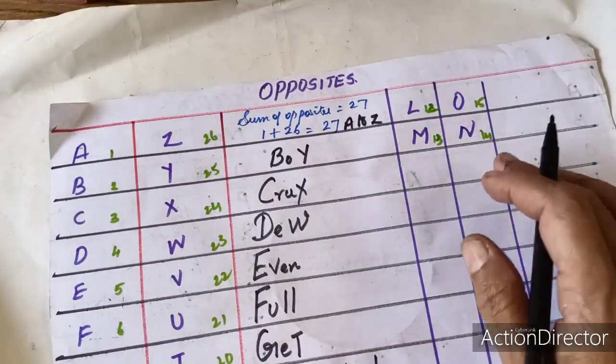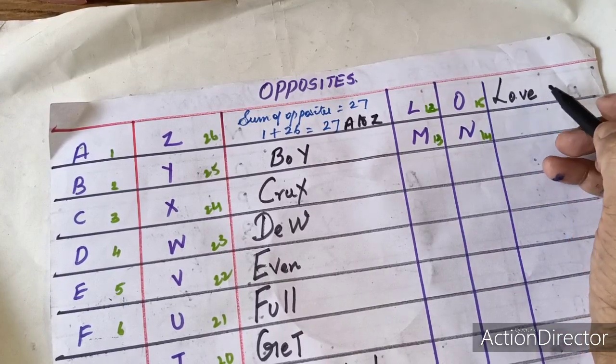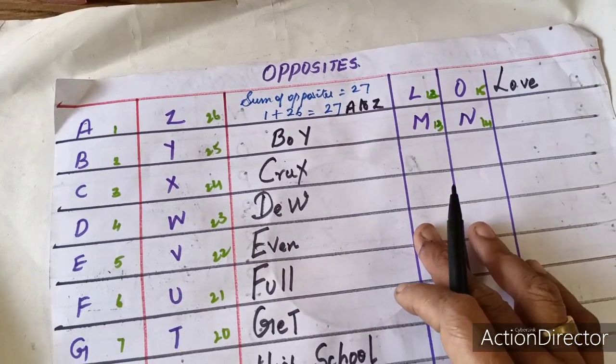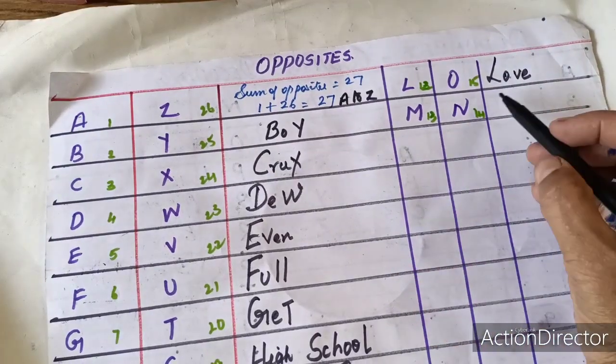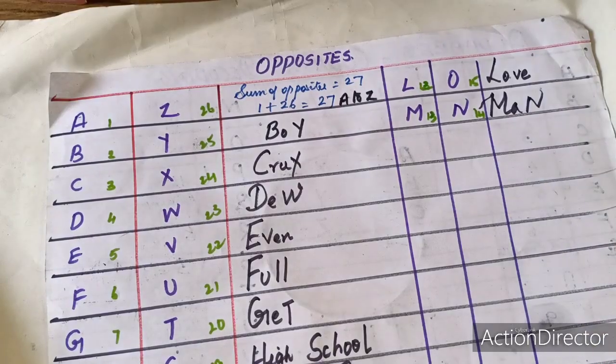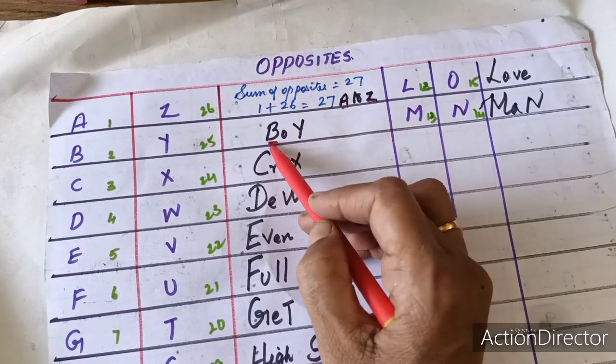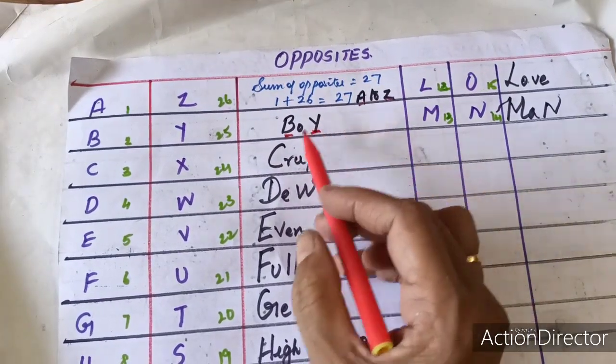Coming over here, L and O, love. You love your parents, love your sisters, brothers. M and N, man. Now if I underline all these, you can see A to Z, A and Z are opposites. B and Y, boy, are opposites.